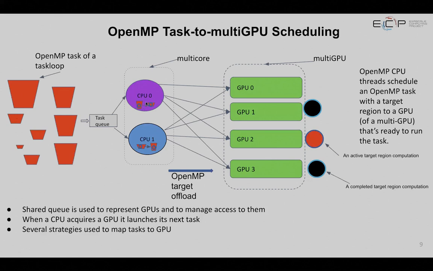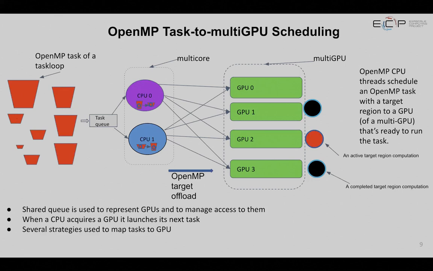The CPUs have a shared queue that represents which GPUs are ready to execute one of their own tasks. And then when a CPU finds a GPU in that shared ready queue, it acquires that GPU, then launches the next task and holds a signal or a flag until the GPU has finished computing that particular task. So this is the method that we use for assigning these several tasks to the multiple GPUs on a node.